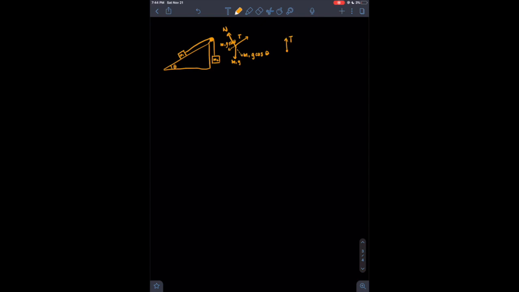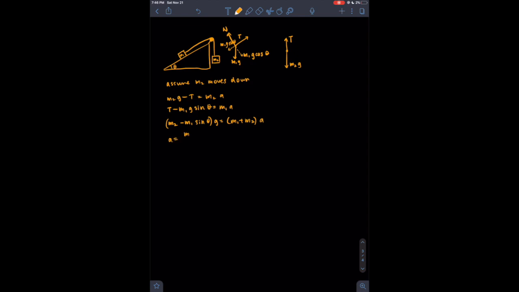For m2, tension is pulling it upward, m2g is pulling it downward, and again we can assume m2 is moving downward, so this gives us m2g minus T equals m2a, and T minus m1g sine theta equals m1a. And since N cancels out m1g cosine theta, yeah.